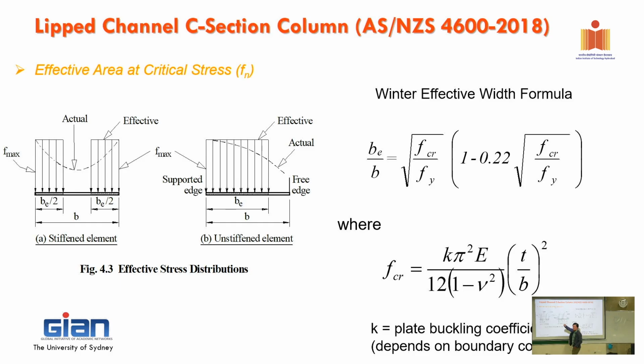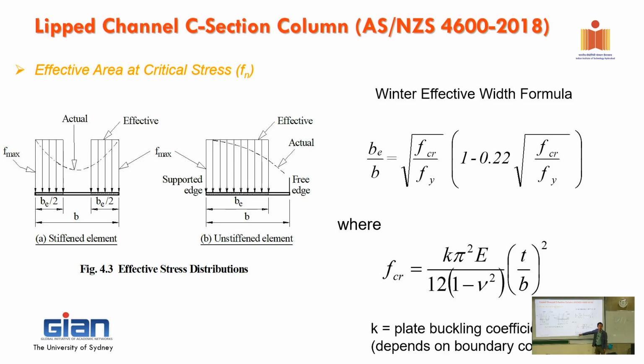Now, we come back to the fundamental equation at the beginning, right? So this is the equation, and then this is the equation in our standard based on the Winter curve. The Winter curve that I showed you before, so actually that curve, right? So this one is for calculating BE. Now, in this one, you need to calculate F critical, right?